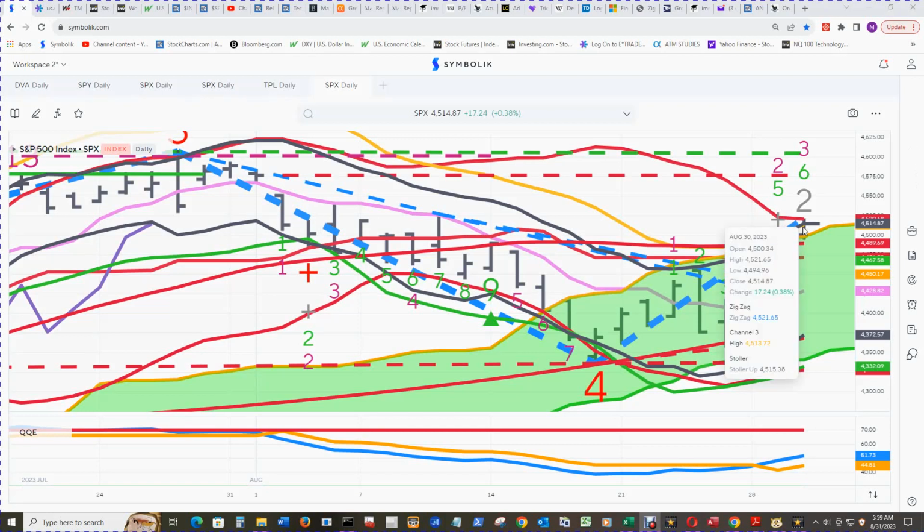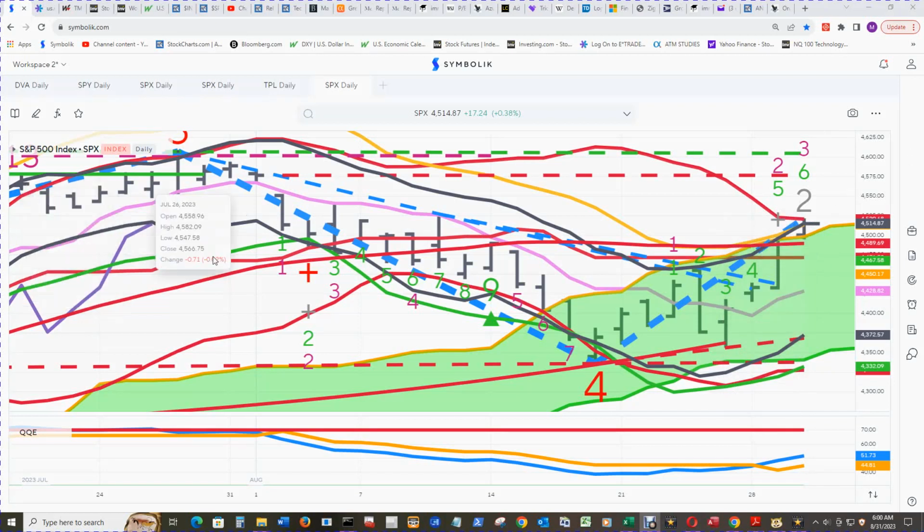And the channel 3 high is right there, so it's really meeting some resistance here. Doesn't mean that price can't make it above that and keep pushing the envelope like it did back here. We'll just have to wait and see what happens, but I expect some sideways movement or a pullback, and hopefully it can stay out of the cloud again.